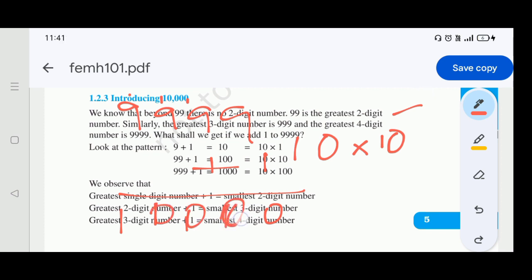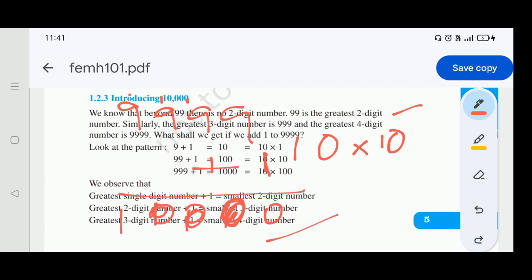When I rechecked, I had made some fault. We get, when we add 1 to 9999, we get 10,000.